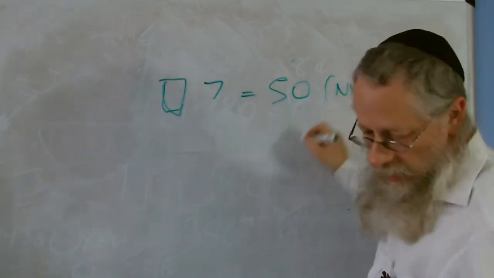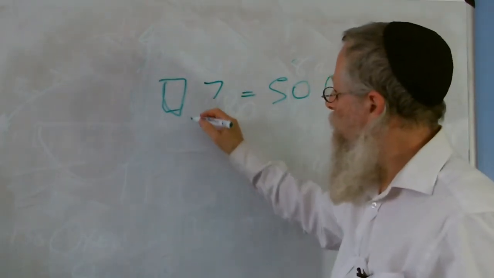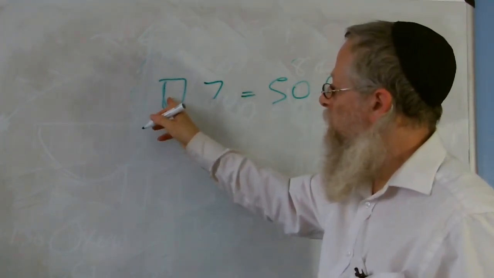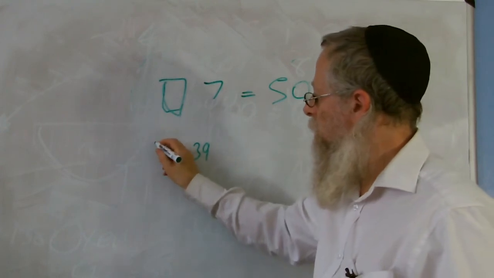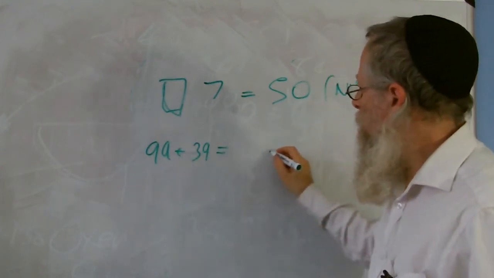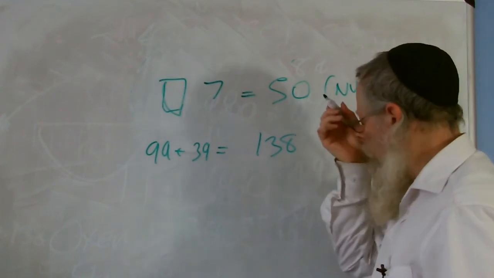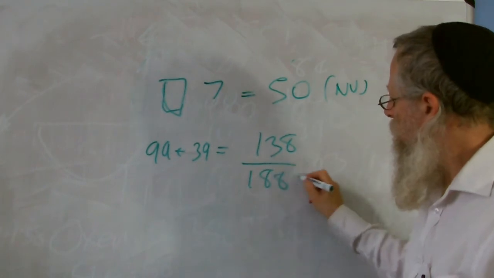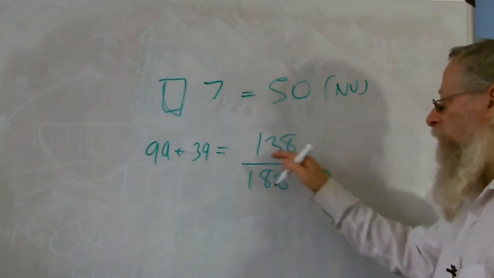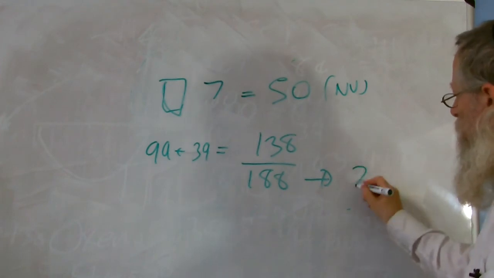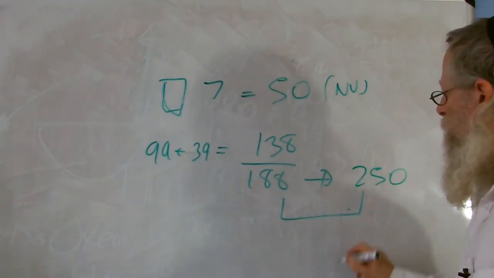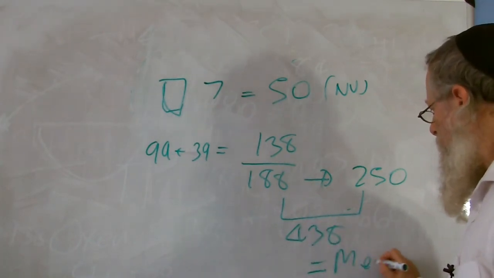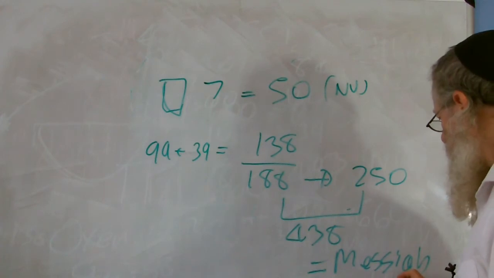And it's got a large value where yud becomes 39, and mem, the 13th letter, is 99. That gives you 138. If I add those together, I will get 188. And then if I work out what 188 is in words, I'll get 250. Then I add those two together, I'll get 438, which is Messiah in large values. We've had that number before.